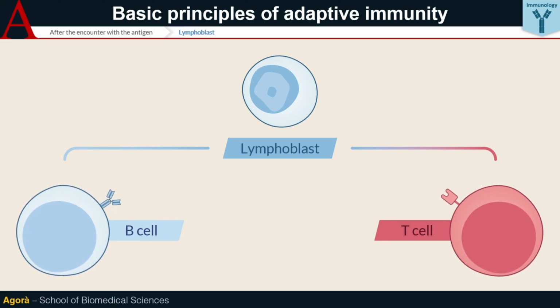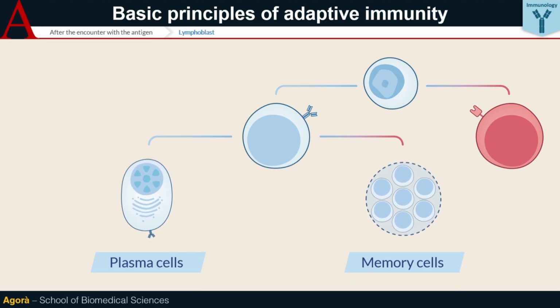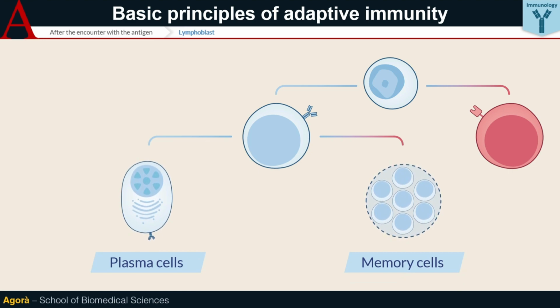Only at this point do the lymphocytes transform into effectors and their fates diverge. The B cells become plasma cells. Most migrate to the bone marrow, from where they secrete antibodies directly into the blood, while some may remain in the peripheral lymphoid organs. T cells, on the other hand, can follow the various fates mentioned earlier.